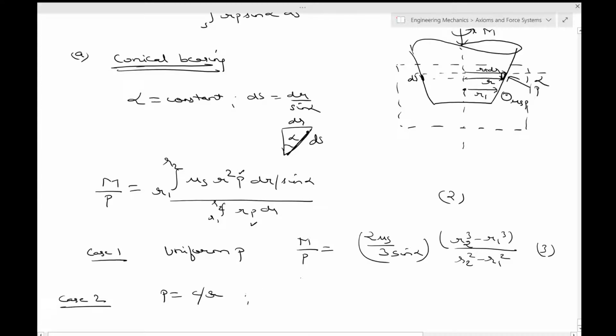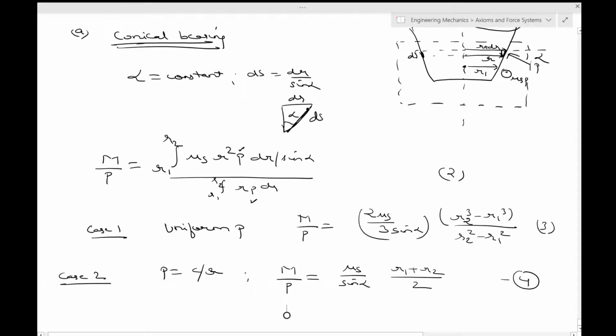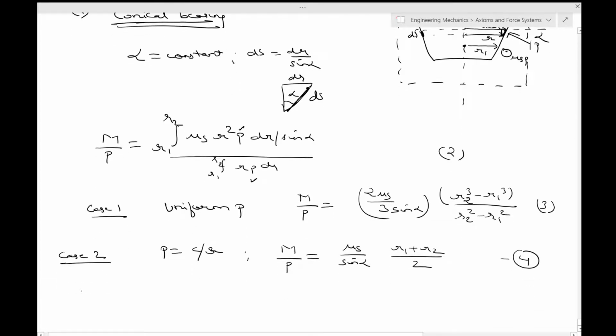This would make M by P equal to mu s by sine alpha into R1 plus R2 by 2. This is equation 4.